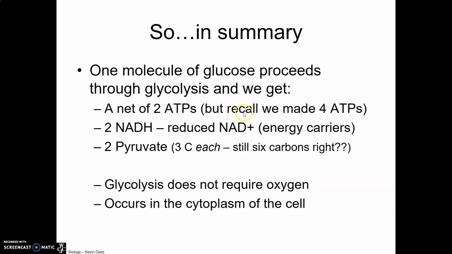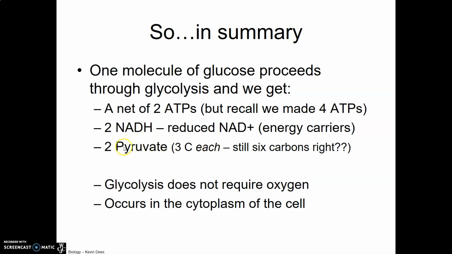So to summarize, 1 molecule of glucose that proceeds through glycolysis produces a net gain of 2 ATPs, but just remember we made a total of 4. We have 2 NADH electron or energy carrier molecules and 2 molecules of pyruvate.